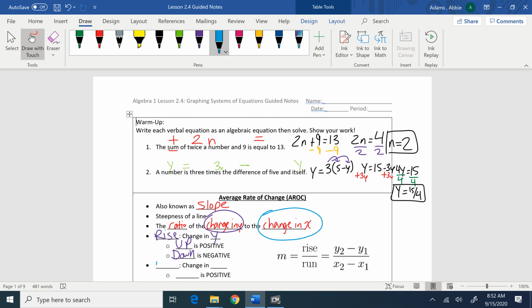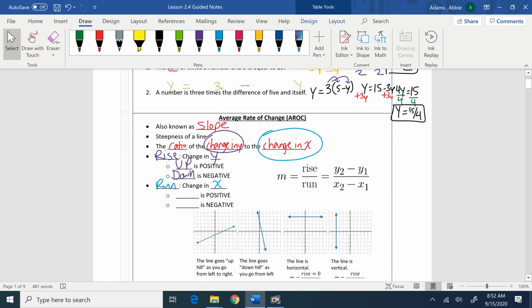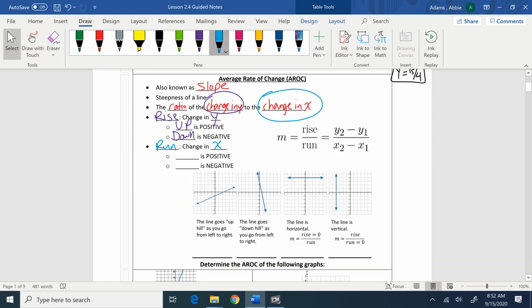So your run is your change in x. And with our run, if you go to the right, you're going in a positive direction, and if you go to the left, your run is negative.